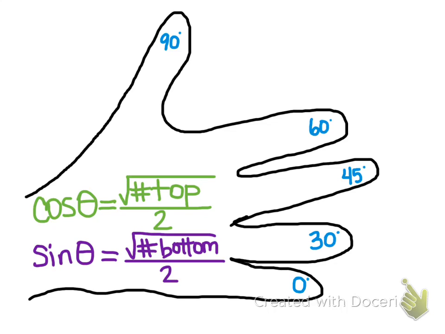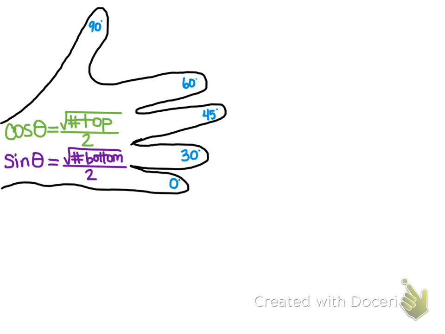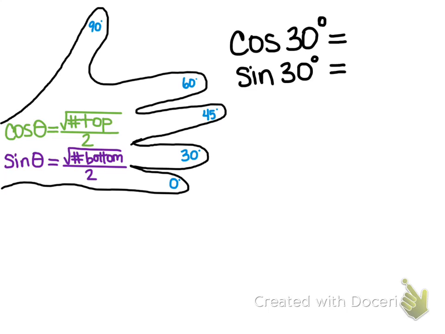Okay, so I'm going to show you all the different angles and show you how this works. First, the sine and cosine of 30 degrees. For the cosine, it's the square root of the number of fingers above 30 degrees, divided by 2, and the sine is the square root of the number of fingers below 30 degrees.